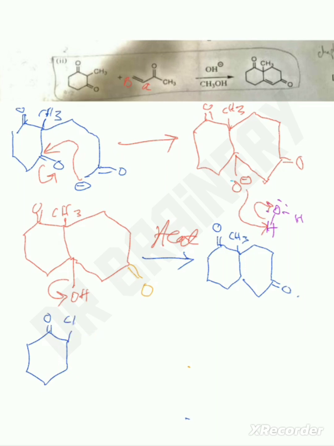So here it will be something like this. Like here. So here, as I said, I'm going to use an elimination method by attacking the alpha, not any other, like using a Zaitsev approach, but I'm going to attack the alpha. So here there are 2 hydrogen, so that is an alpha carbon.